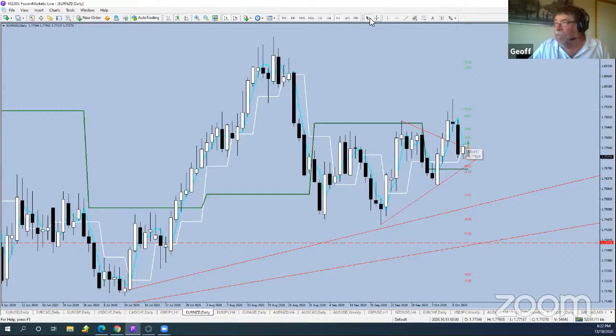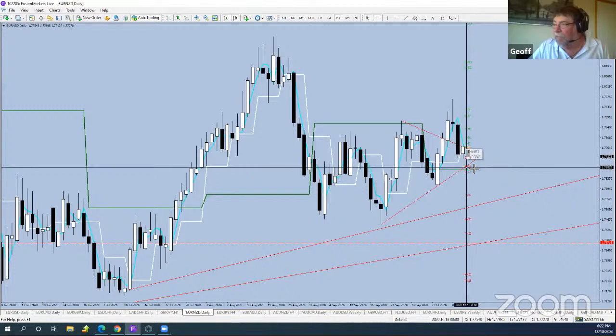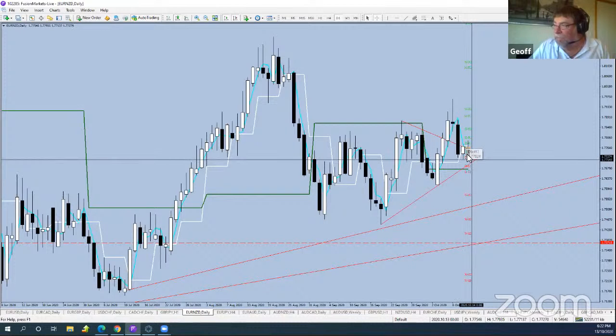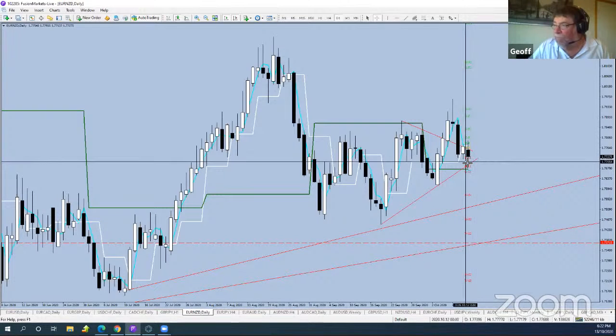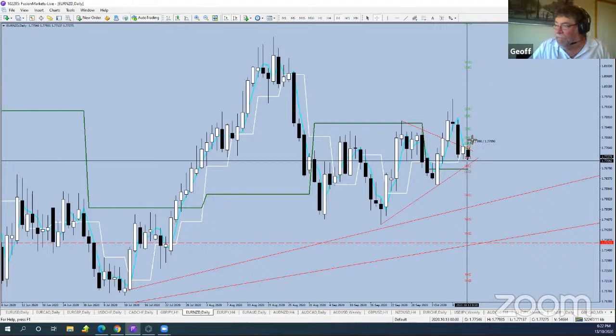But the reason I did was because the trend line, DS2, and the monthly pivot were all in my way. I'd have to risk, say, 93 pips here to pick up, well, now 10 or 12 before I hit the first support level. So I chose not to do that.